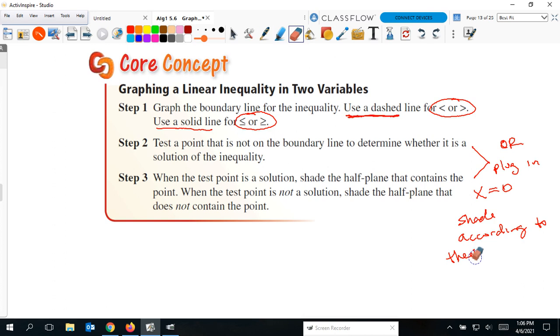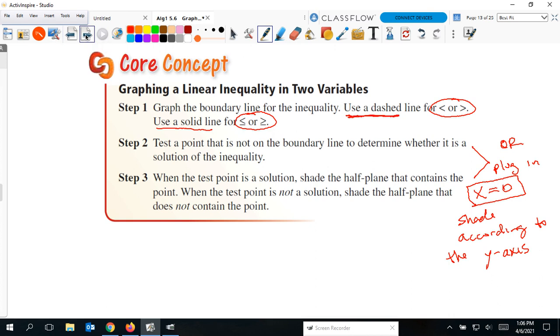I'll show you how I do that here in a minute. So plug in x equals 0, and I'll demonstrate that. And then I just shade according to the y-axis. For me, I've always found that to be much simpler than trying to do a test point. The test point is helpful, though, to check to see if that is correct. So if you do this, we'll test some and just check to see if they're correct.